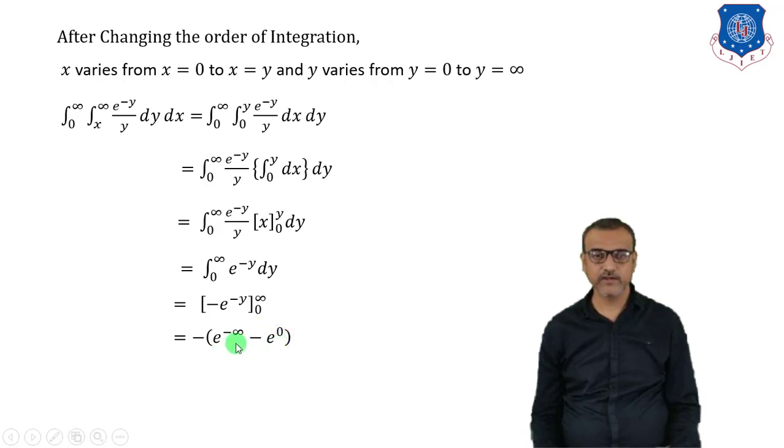The value of e raised to minus infinity is 0, because it becomes 1 upon e raised to infinity, and e raised to infinity is infinity, and 1 upon infinity is 0. And the value of e raised to 0 is 1, so minus 1 into the minus sign becomes plus 1. So this is the answer of this double integration.